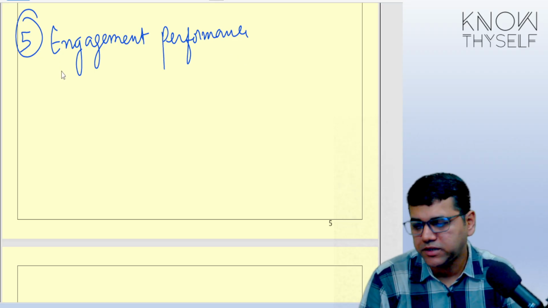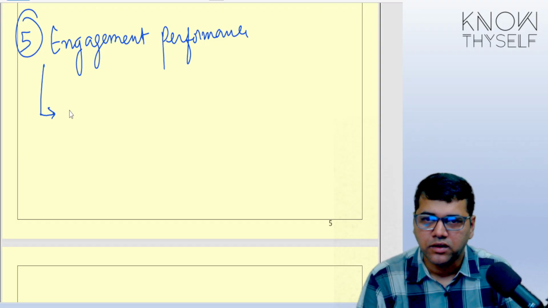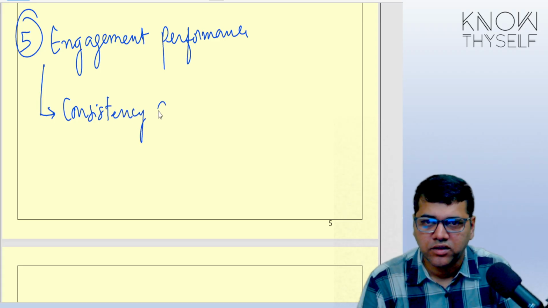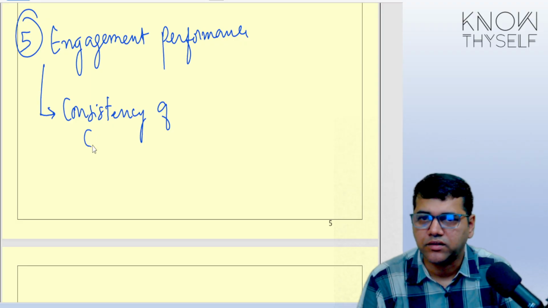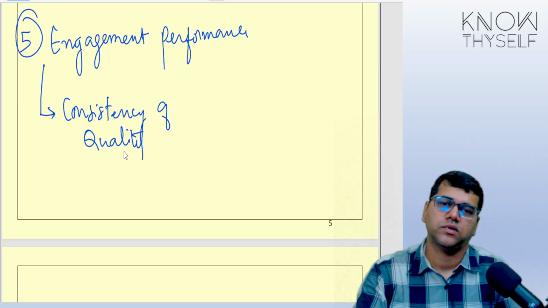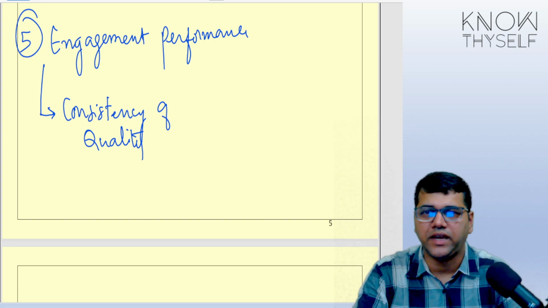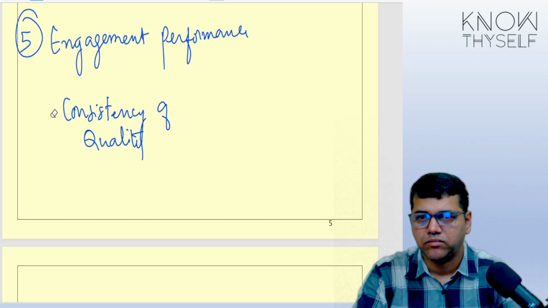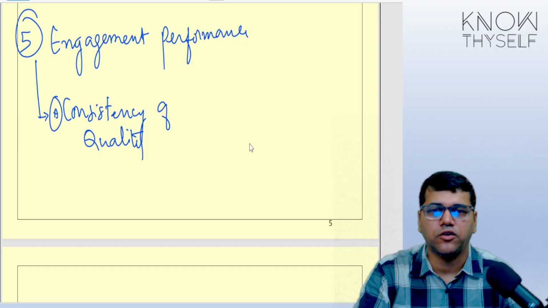When it comes to engagement performance, the very first point, A, is consistency of quality.